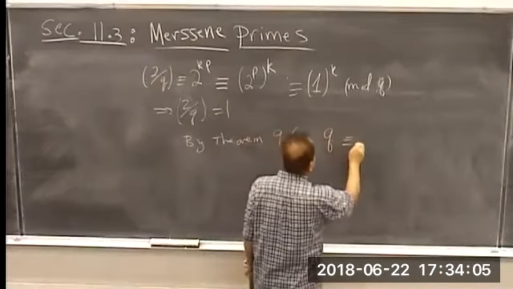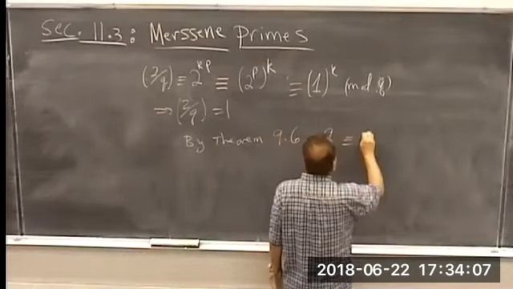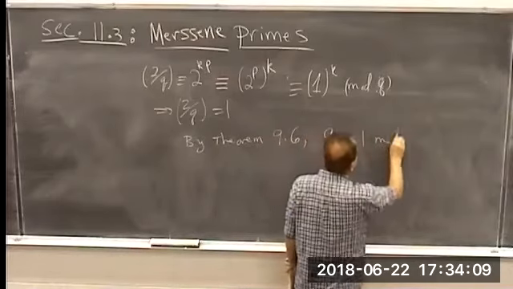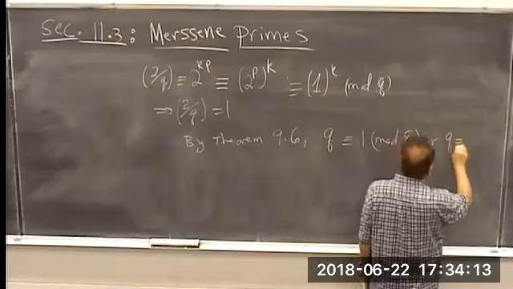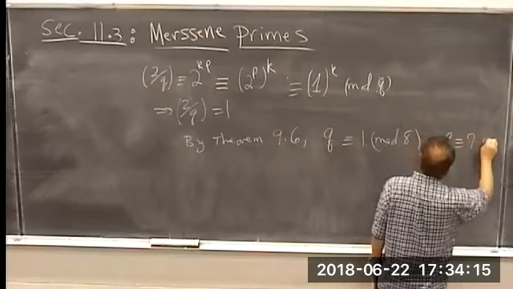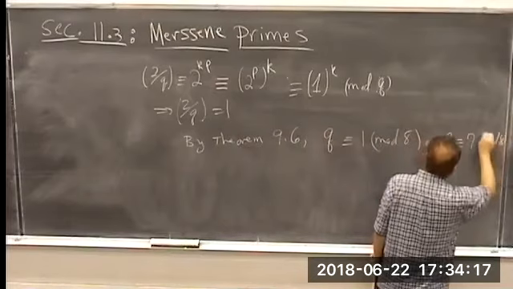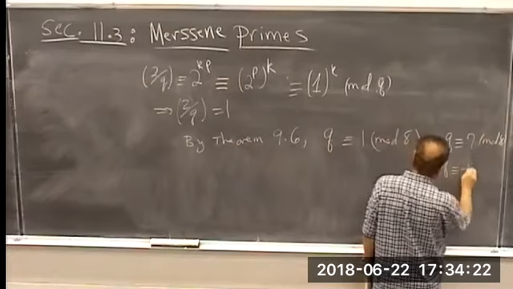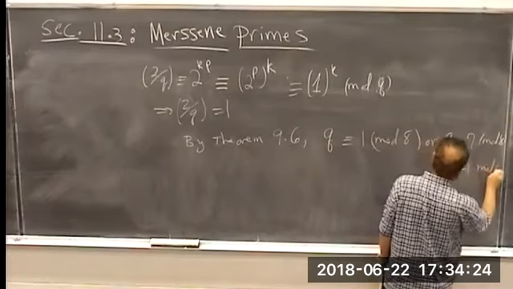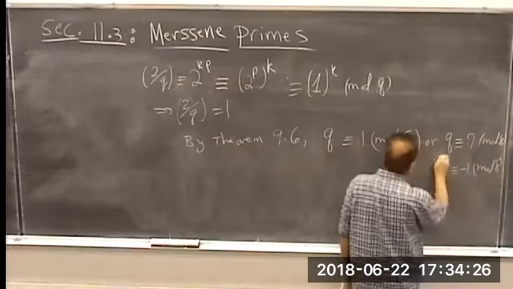Q must be congruent to 1 mod 8, or Q is congruent to 7 mod 8. And Q congruent to 7 mod 8 is equivalent to negative 1 mod 8. So these are equivalent things.